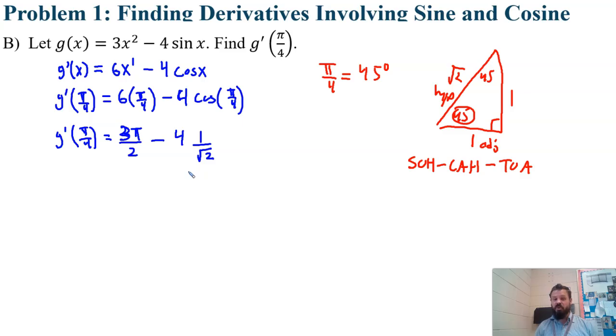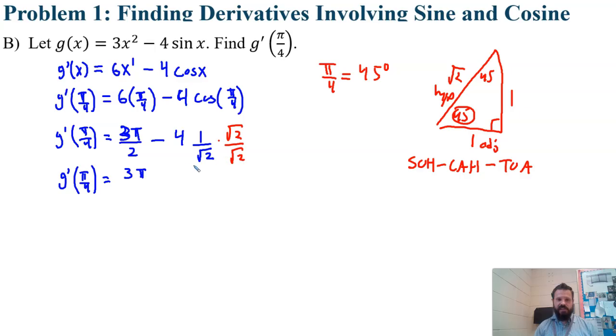But AP multiple choice time, a lot of times we'll simplify, we'll rationalize the denominators, we'll combine stuff together. In this case, I can make this into a single fraction by rationalizing my denominator, multiplying by root 2 over root 2. Which will leave me with a 3 pi.